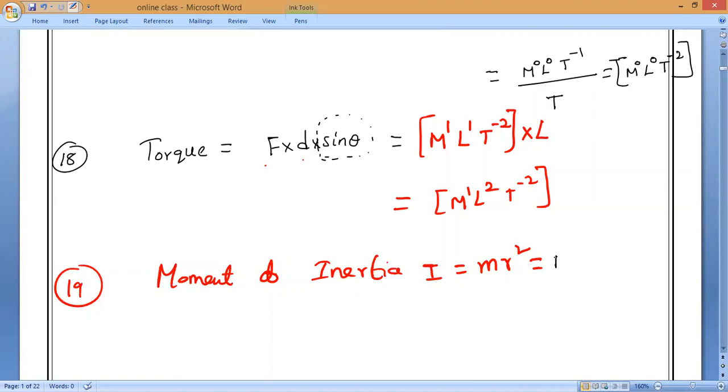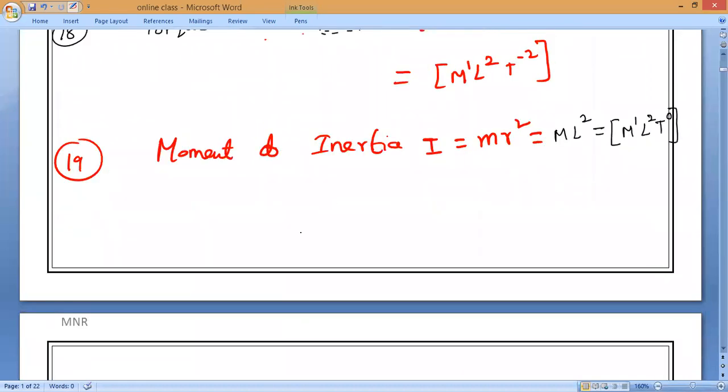So the dimensions will be M L², which is equal to M¹ L² T⁰. So that is the dimensions of moment of inertia. Clear, everybody? Yes.